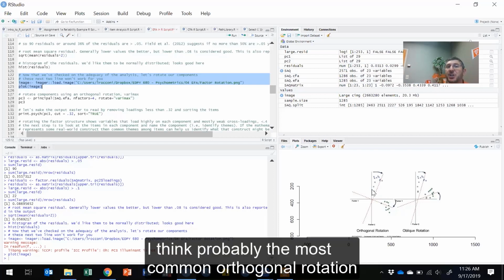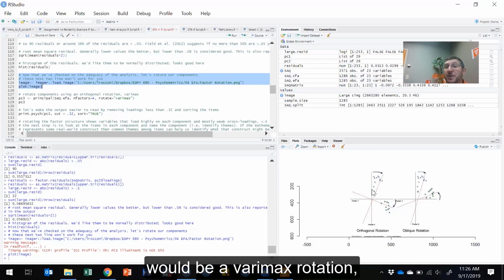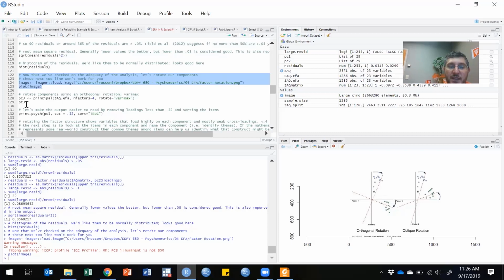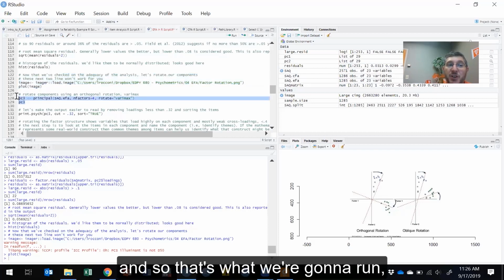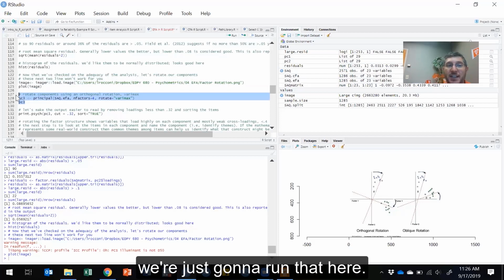I think probably the most common orthogonal rotation would be a Varimax rotation. And so that's what we're going to run. We're just going to run that here.